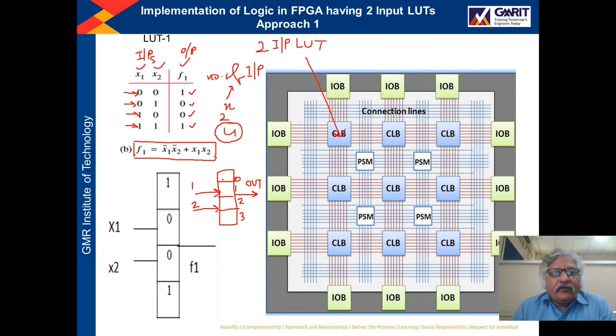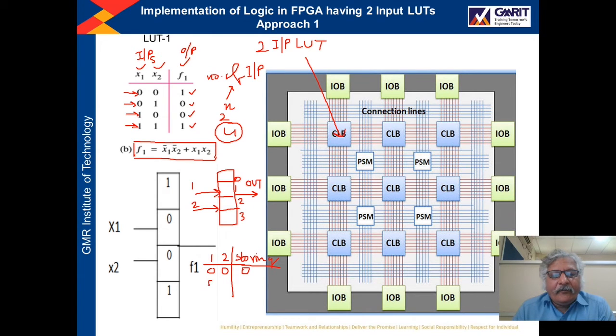Now to access a particular bit, we have two inputs, 1 and 2. If we give these two inputs the binary value 0 and 0, then storing place number 0 will be activated, so whatever we have stored at storing place number 0 will go out.